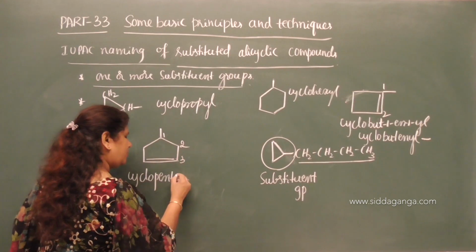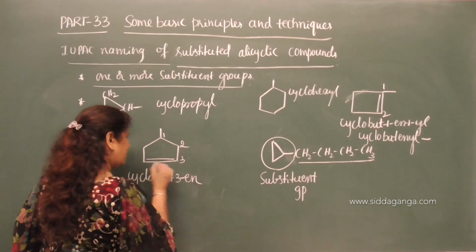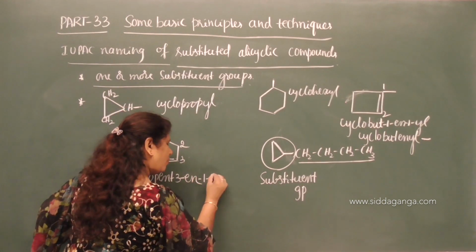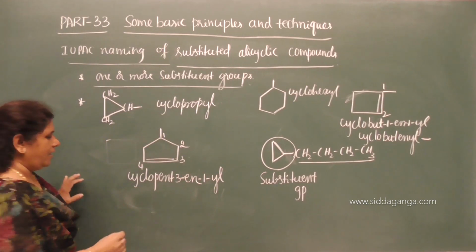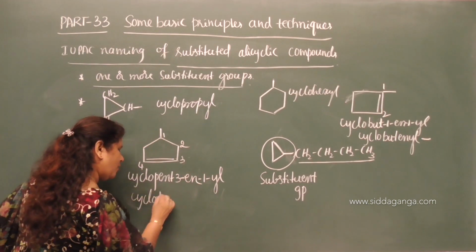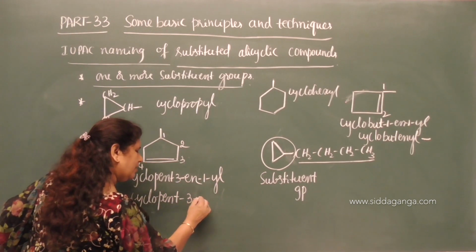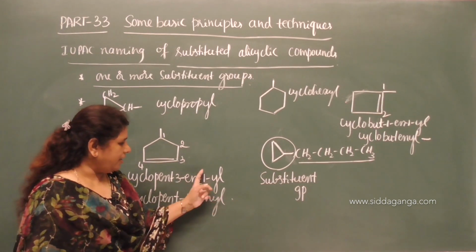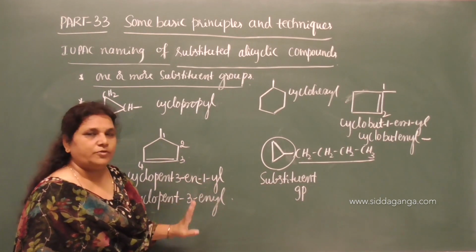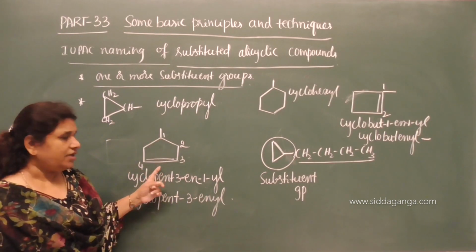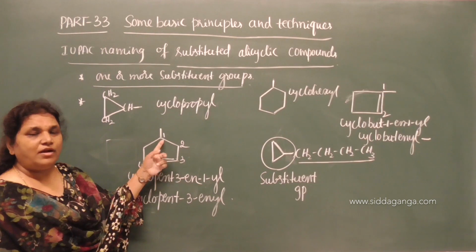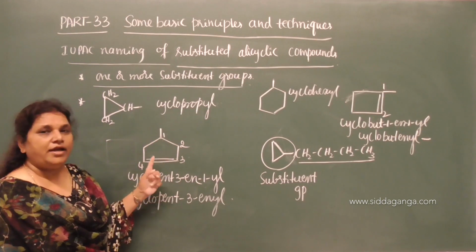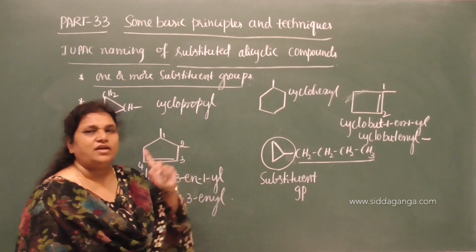Cyclopent-3-en-1-yl, because the double bond is between 3 and 4, or you can name it as cyclopent-3-enyl. Here I just ignored the locant 1 before the YL, but while giving the number you need to give preference to the carbon carrying the vacant bond rather than the double bond, because it gets attached to the side chain.